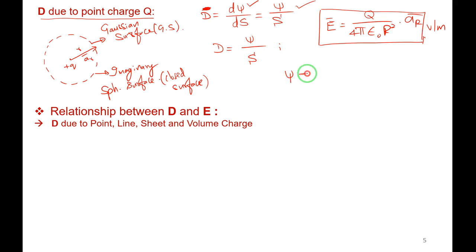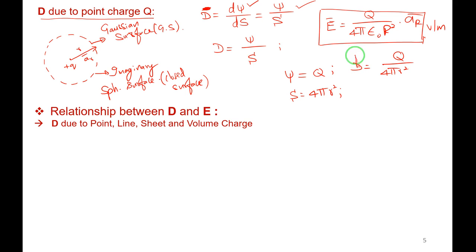By Gauss's law, the total charge enclosed by this imaginary spherical surface, psi, is equal to Q. Then the surface area of a sphere is 4 pi r square. I will substitute psi and S here. So D is equal to Q by 4 pi r square.